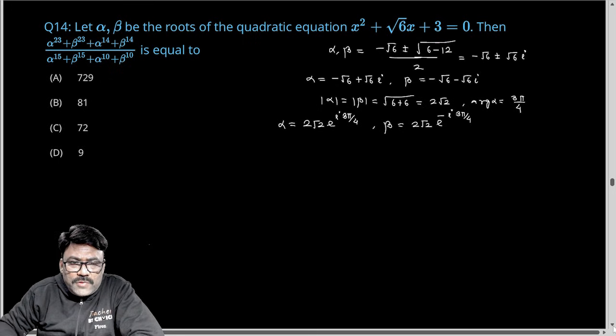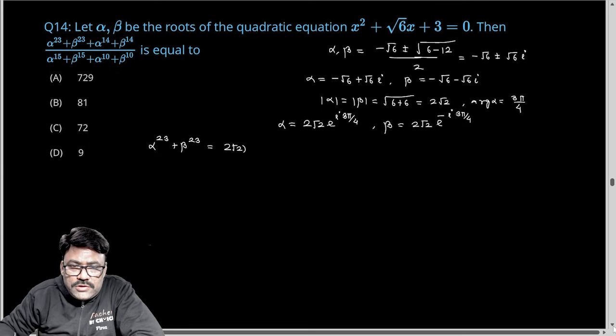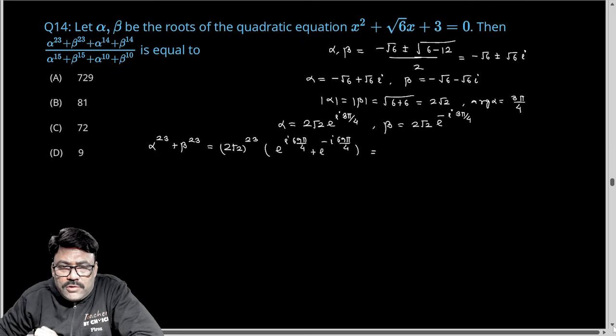So let's calculate alpha raised to 23 plus beta raised to 23. If I put the values of alpha and beta here, 2 root 2 raised to 23 will be common, and you will get e raised to iota 69 pi by 4 plus e raised to minus iota 69 pi by 4. 2 root 2 raised to 23, let's keep it as it is.